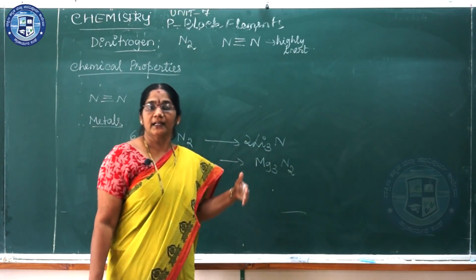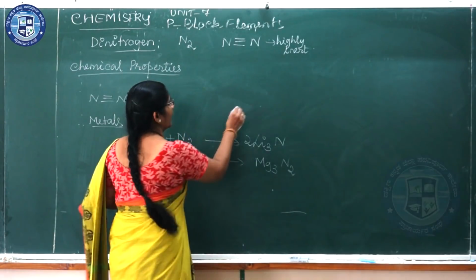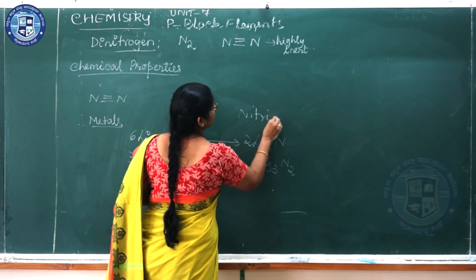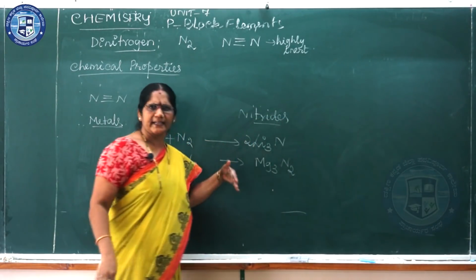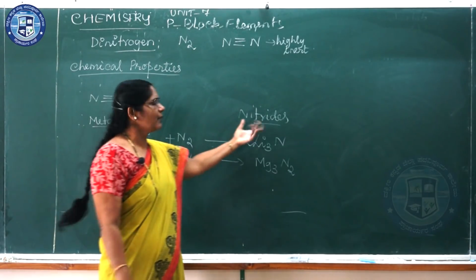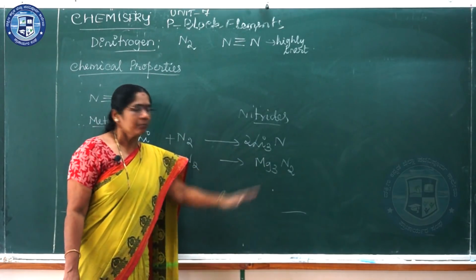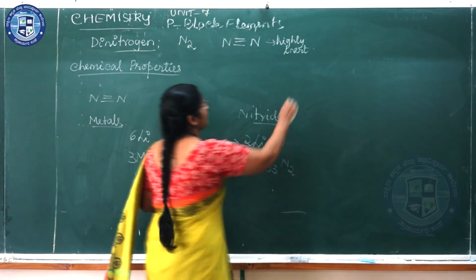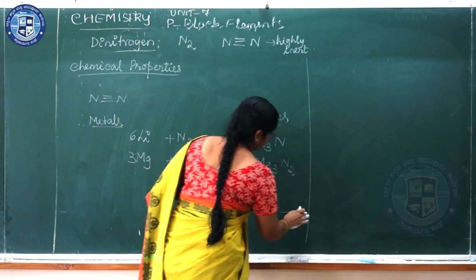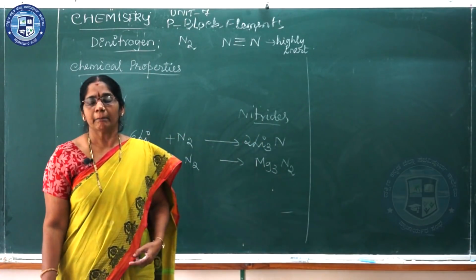So metal nitrides are the products. Like oxides, chlorides, phosphides, we have nitrides when the metals react with nitrogen, lithium nitride and magnesium nitride. This is the reaction with the metals.